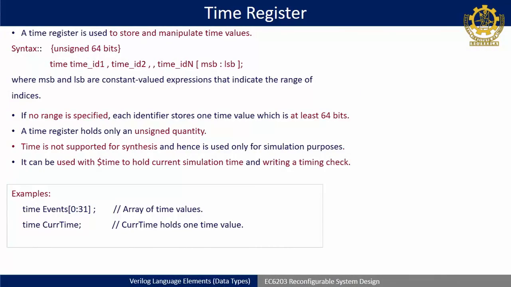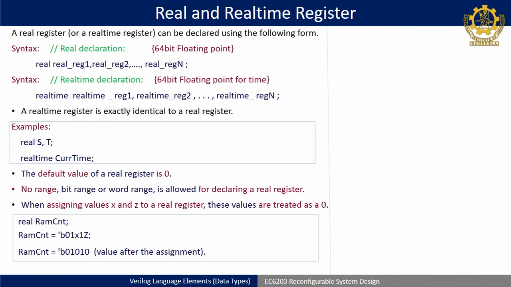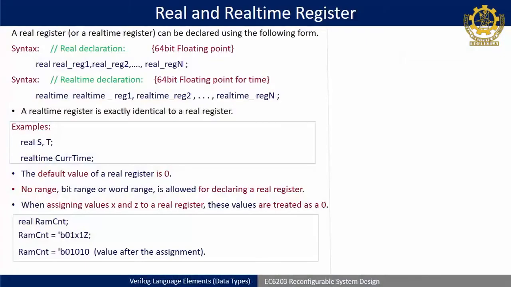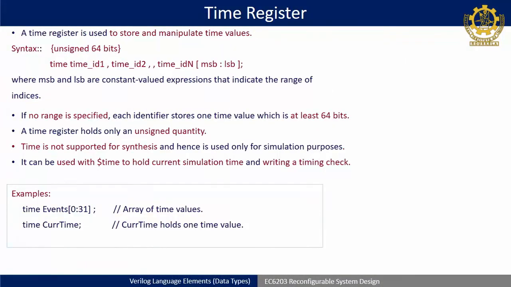In the list of different types of registers supported, we have two more registers called time register and real time register. Registers are classified into four categories: first reg, second integer, third time register, and fourth real time register. As the name indicates, a time register is used to store and manipulate time values.